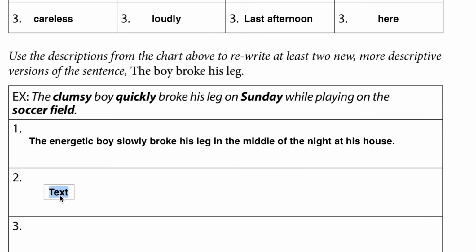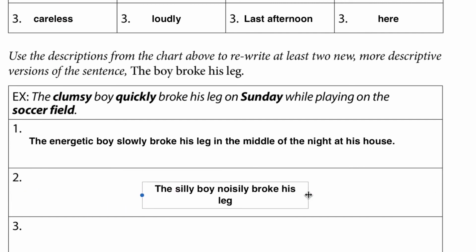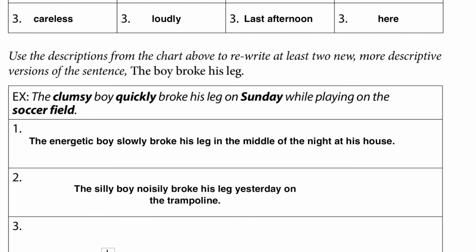All right, let's think of another one. And I'm just going to take the words that I already used up above there. I'm going to say, the silly boy noisily broke his leg yesterday on the trampoline. Okay, that's another sentence. Now one more.